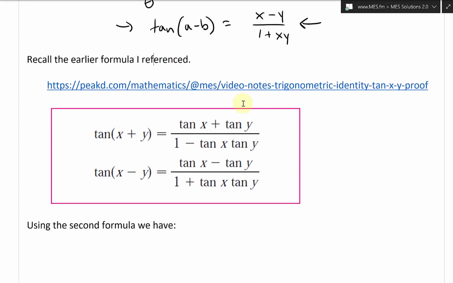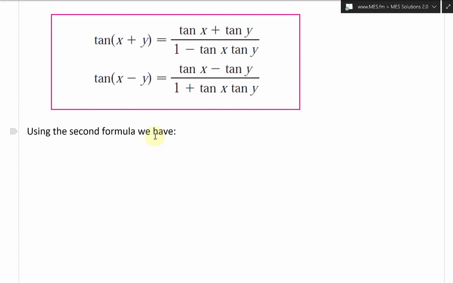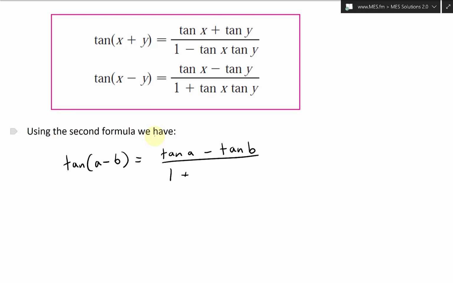So let's jump right ahead and do that. Using the second formula, tan of (a minus b) is equal to tan a minus tan b over 1 plus tan a tan b. So instead of x we use a, and instead of y we use b.